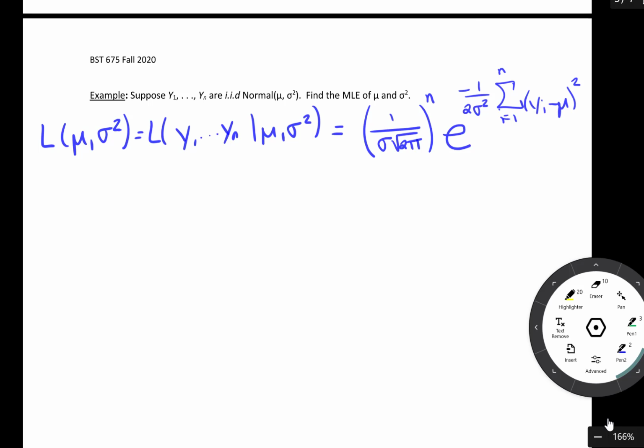Okay. So there's our likelihood, but remember, we're not going to work with the likelihood, we're going to work with the log likelihood. So I'm going to write out the log likelihood next.